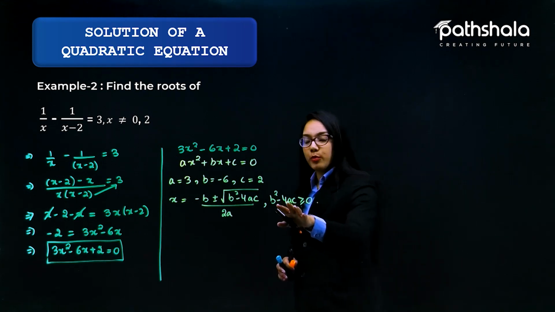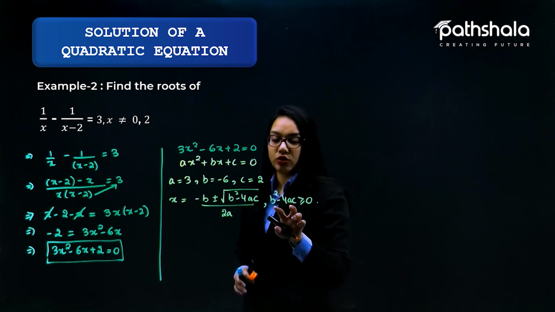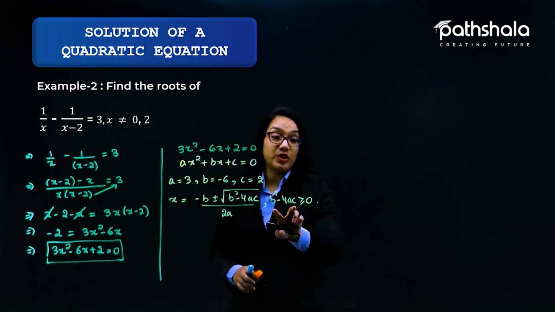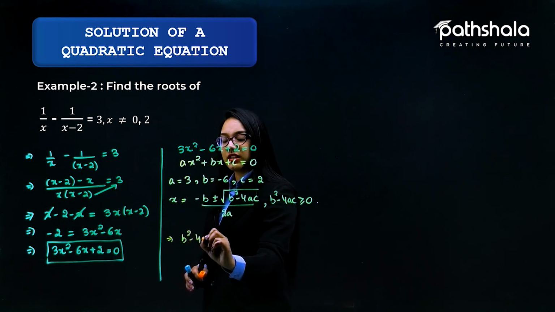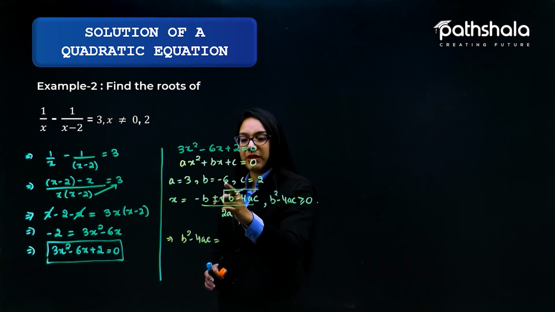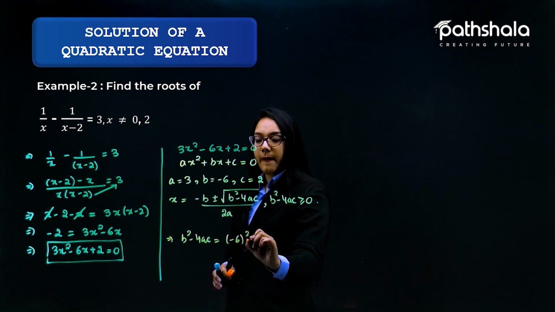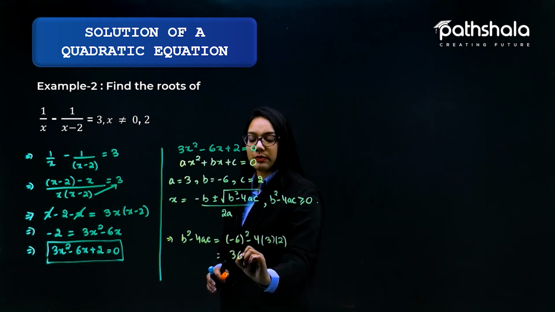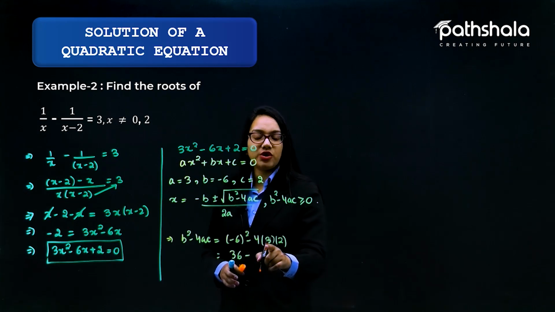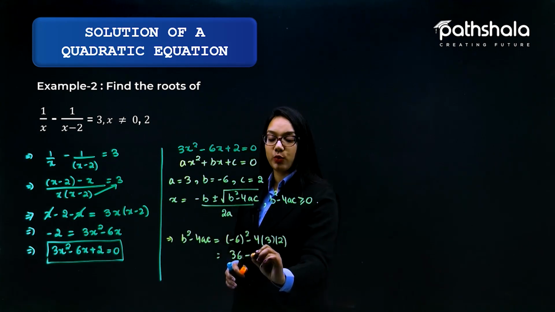But here, let us suppose we first find the nature of b square minus 4ac. This would be b, which is minus 6, whole square, minus 4 into 3 into 2. This is 36 minus 4 into 3 is 12, 12 into 2 is 24.